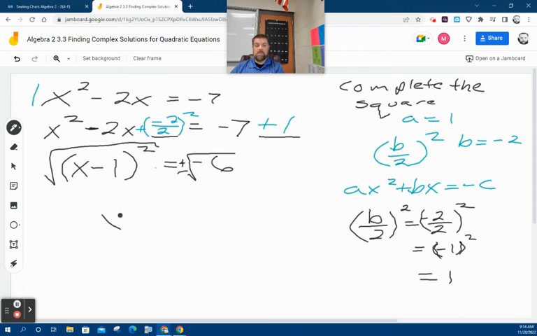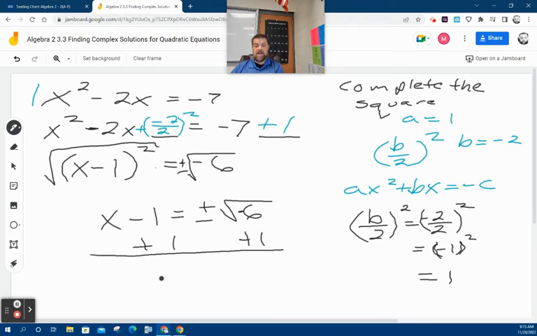So then this becomes x minus 1 is equal to plus or minus the square root of 6. I'm going to add 1 to both sides. Oh, this is negative 6. And I get x is equal to 1 plus or minus the square root of negative 6. The problem is, can I take the square root of negative 6?